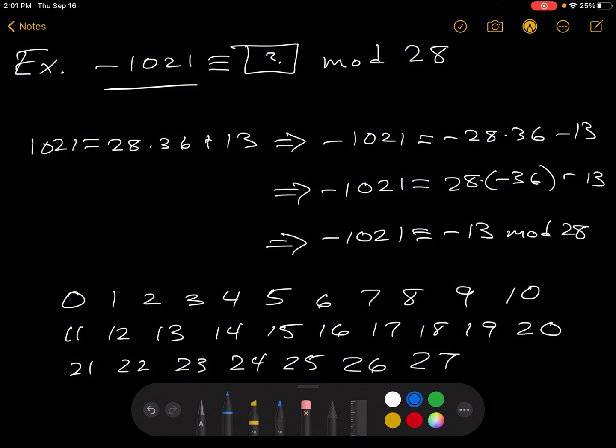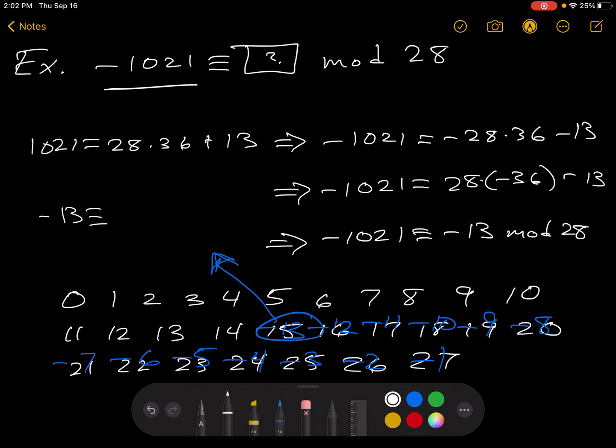Negative 1, negative 2, and so on down to negative 13. Aha! So negative 13 is congruent to 15 mod 28.